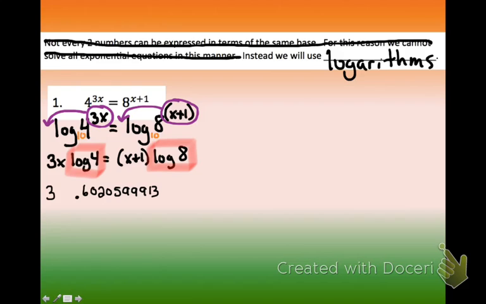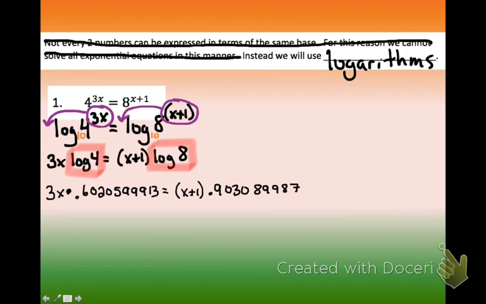And I'm going to have 3x times that out in front. On the other side, we have our x plus 1, and I can put log 8 in my calculator. That will actually give me a number also. So if I push log 8 in my calculator, I end up with 0.903089987.